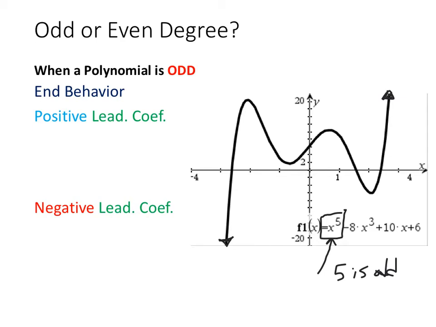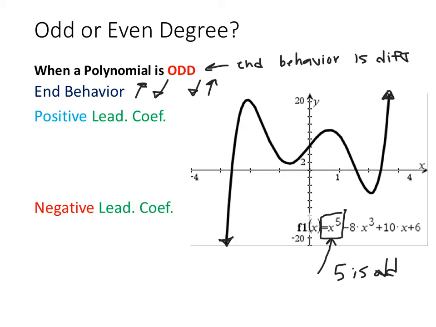Remember, with odd degrees, our end behavior is different, meaning that it's either going to be up and down or down and up. We've already looked at those end behaviors with polynomials.